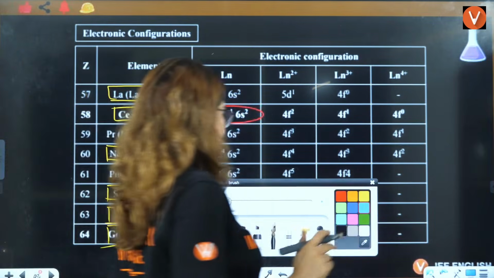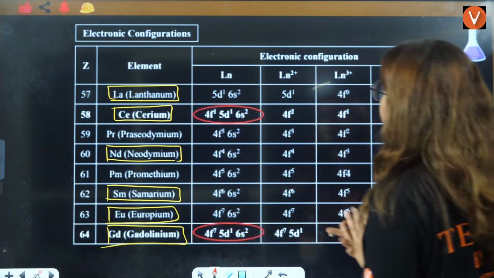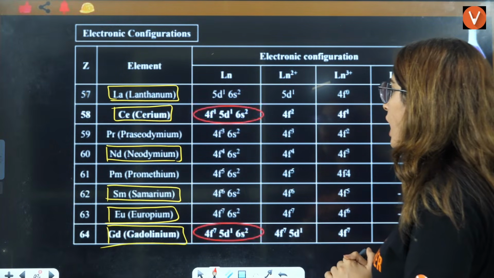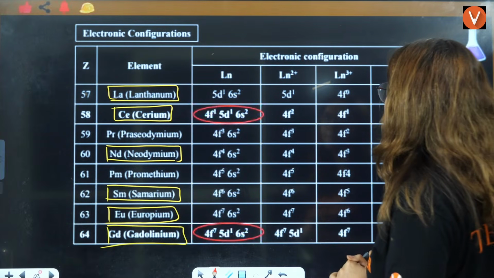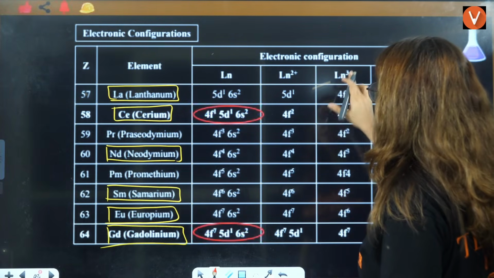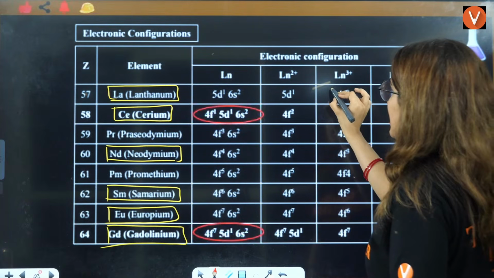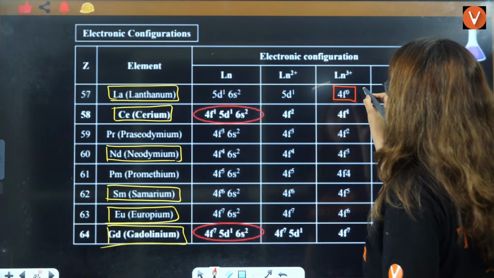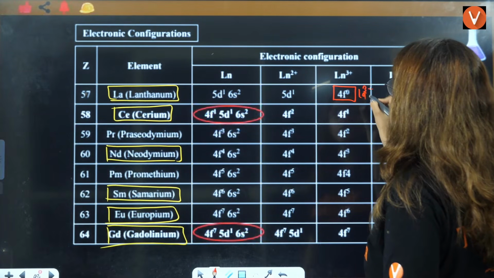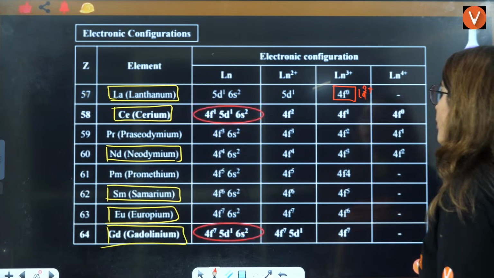I'll just mark here with a red pen. Let me first see where you have f0. For lanthanum, you have La3+ with f0, which is very important.